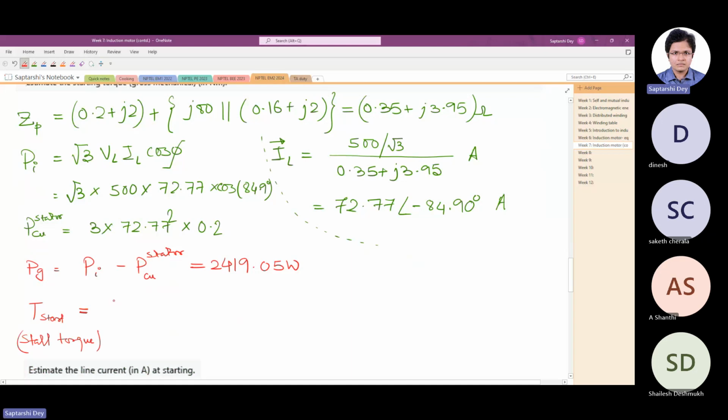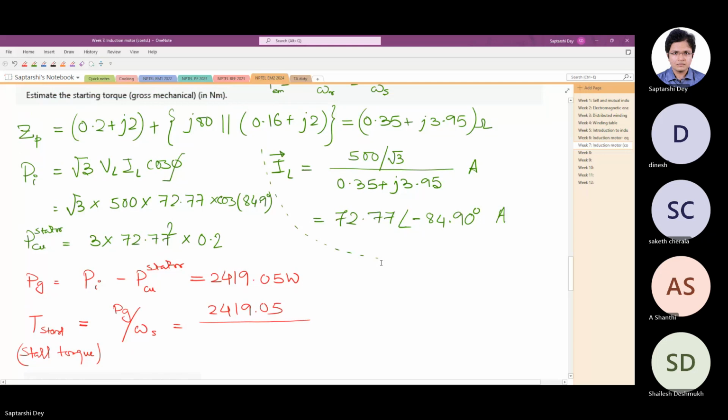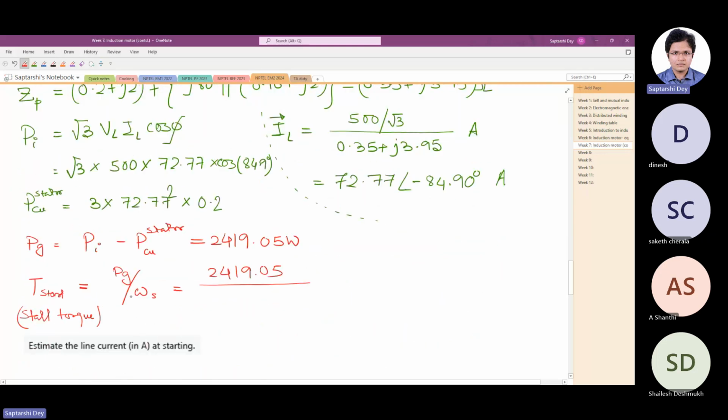That is PG by synchronous speed, which is 2419.05 by 1000 RPM in SI unit. This gives us 23.1 Newton meter.